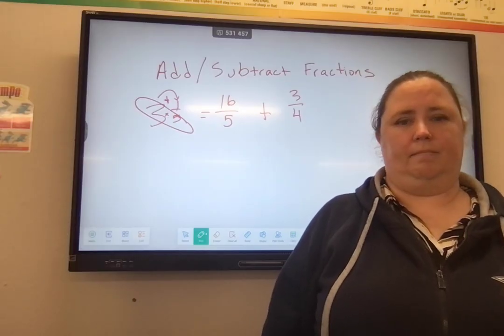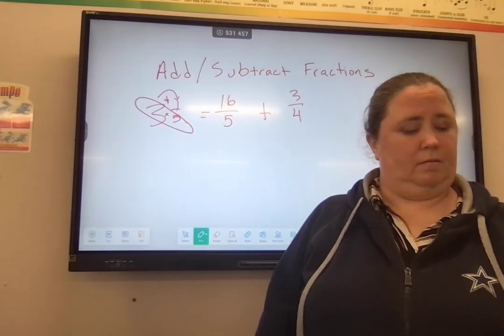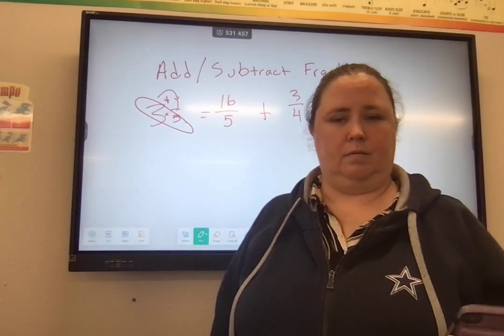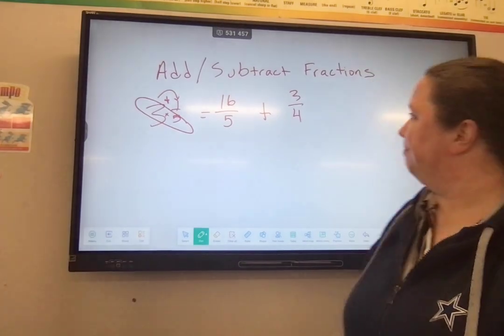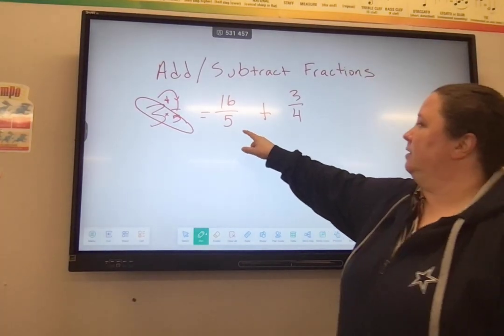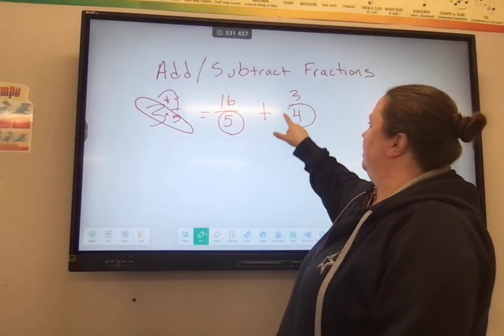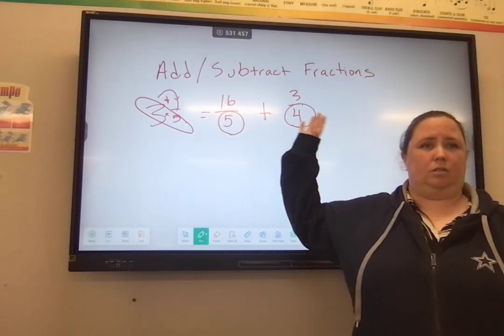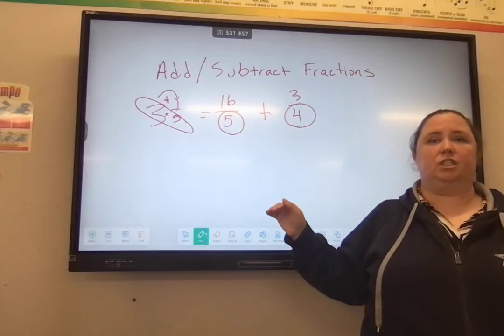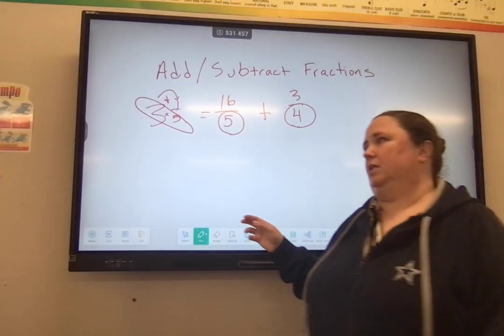Logan, go up to the top. Okay. So these are not the same denominators, correct? So we need to find the common number between both of those. What you look at is what number can both of these change into? Least common multiple.